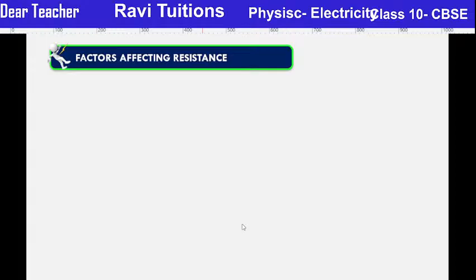Now let us understand the factors affecting resistance. Very important question. The factors affecting resistance are the length of the conductor, area of cross section, material of the conductor, and temperature. Okay, temperature is a special condition.